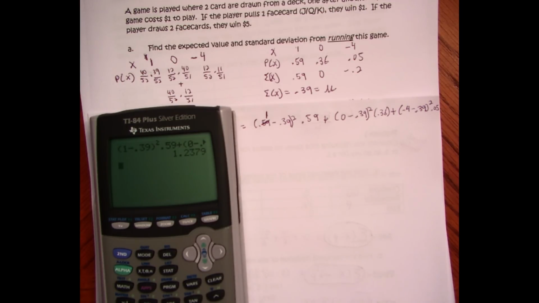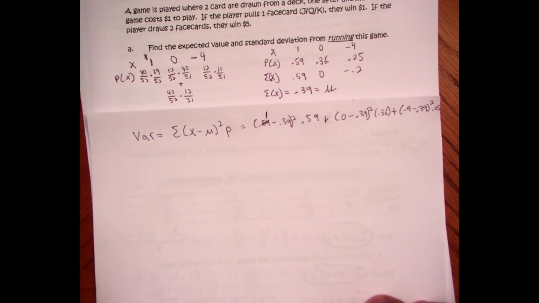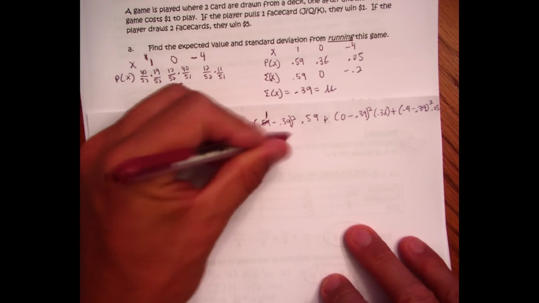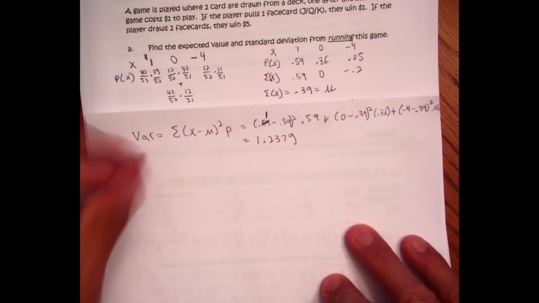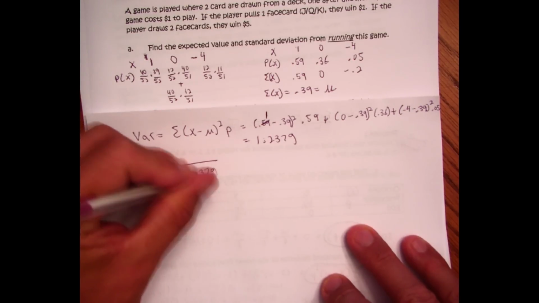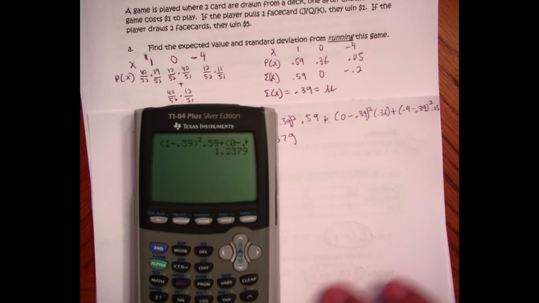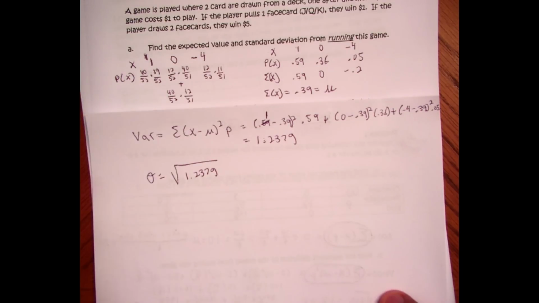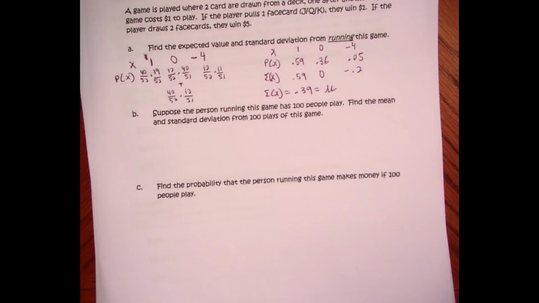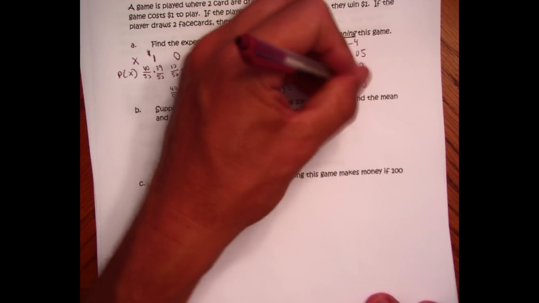So that's our variance. It's 1.2379. And then our standard deviation would equal the square root of that. So if we take the square root of that, we get $1.11. Okay, so our standard deviation here is $1.11.